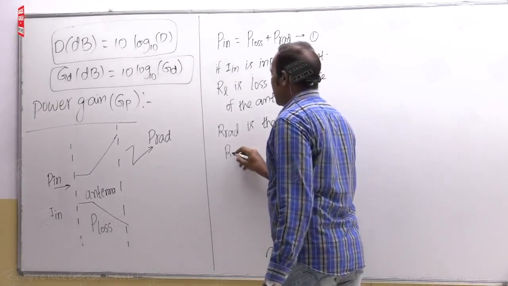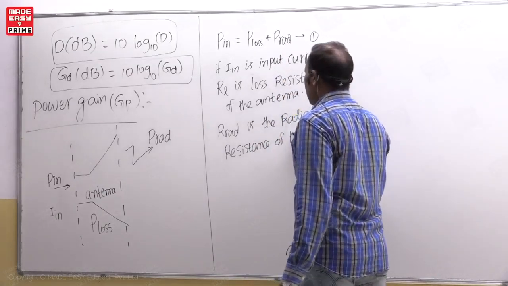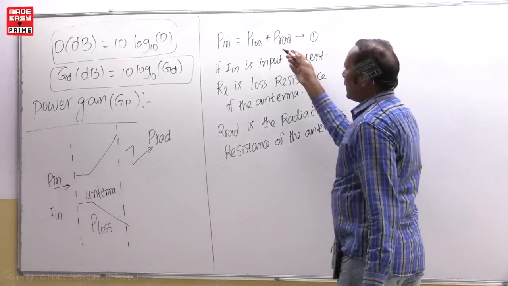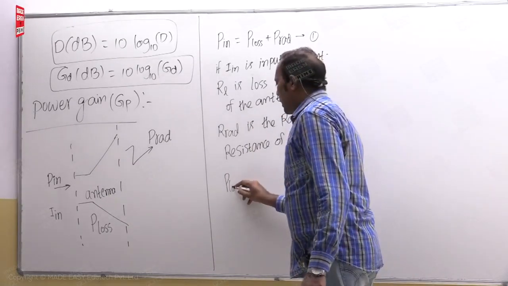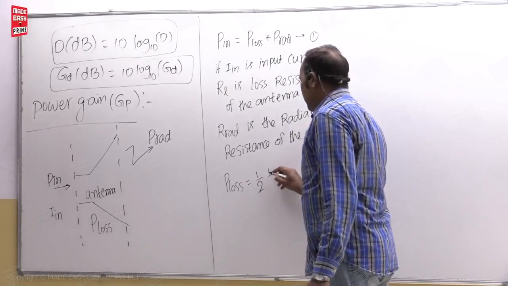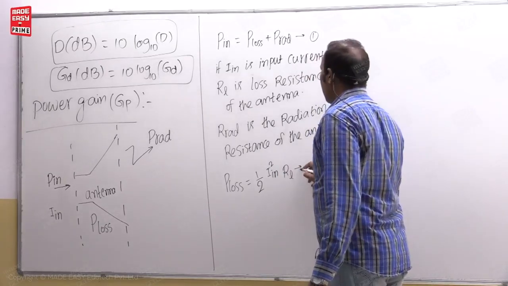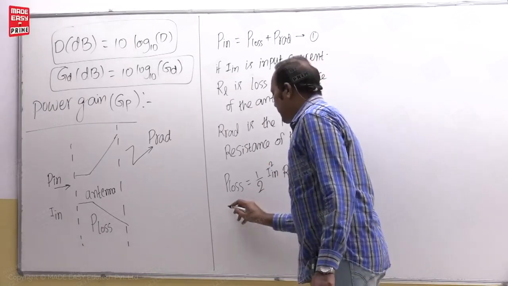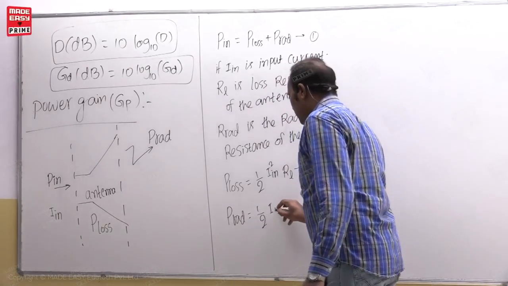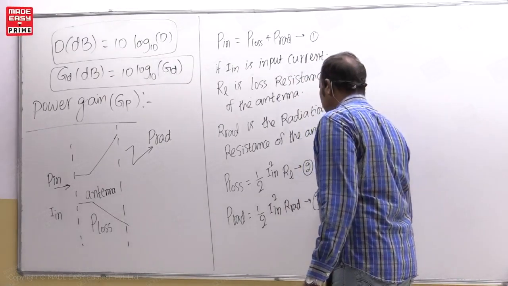Then power loss is equal to half into maximum current In square into RL. Okay, this is equation number 2. Similarly, total power radiated is equal to half into In square into radiation resistance, that is equation 3.